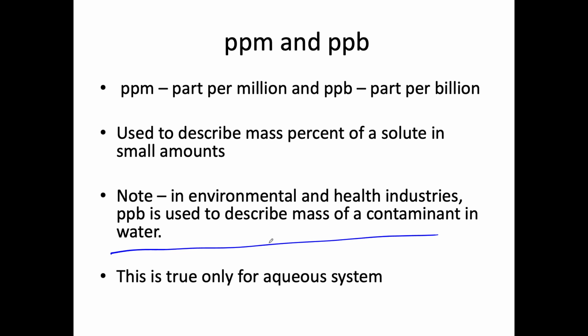In the environmental and health industries, part per billion is used to describe the mass of a contaminant in water. And water is the key, because this note is only true in aqueous systems, because the density of water is approximately 1 gram per milliliter.